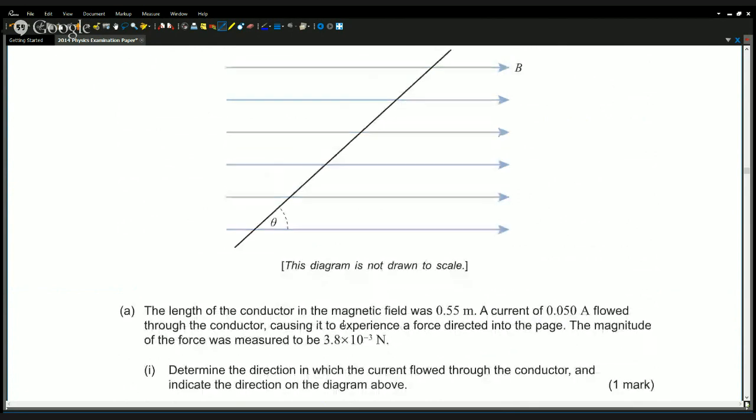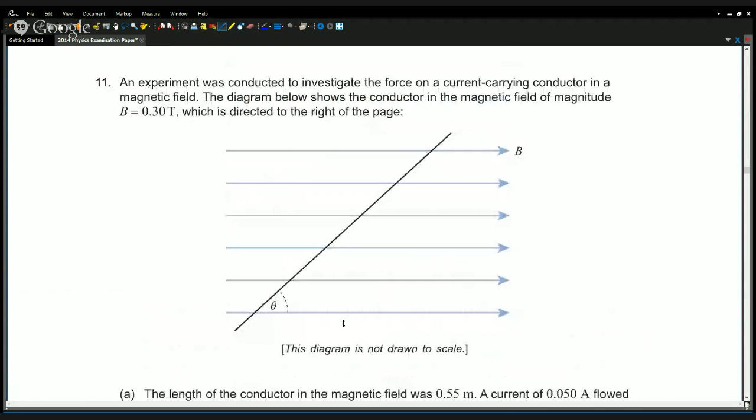The force is into the page. So your palm is there and your fingers will point in the direction of the magnetic field.